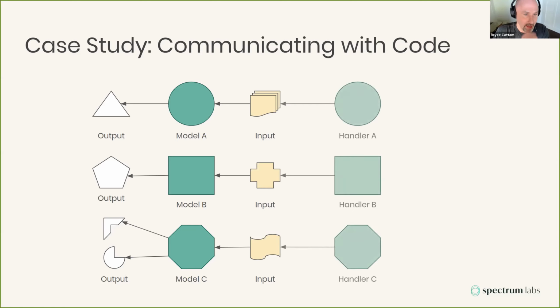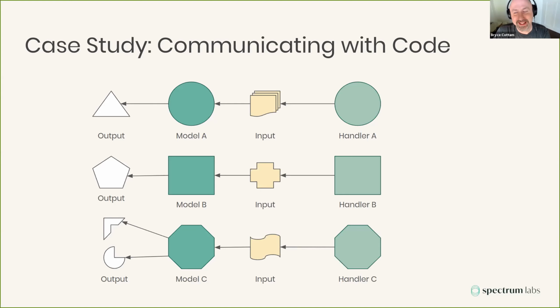So the simplest or most direct way to handle this is to have code A that knows how to prep the input and hand it to model A, and it knows how to read the output. Handler B, production code B, knows all about classifier B.